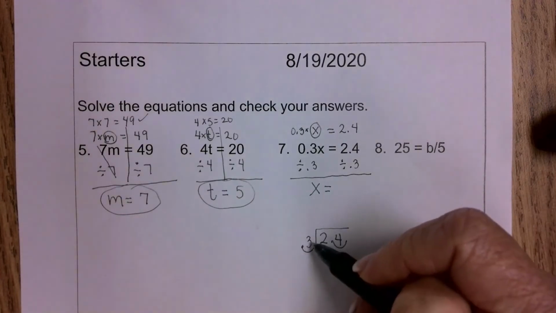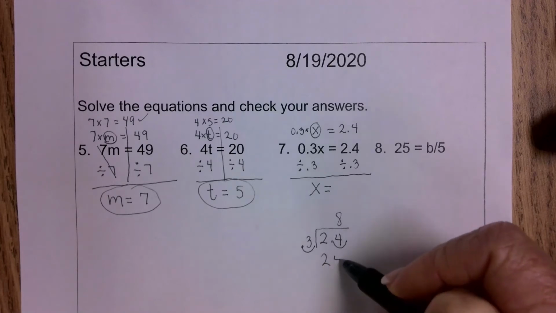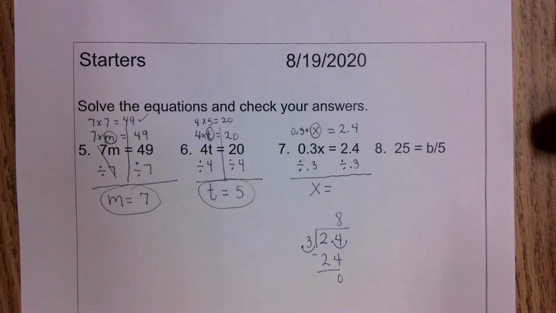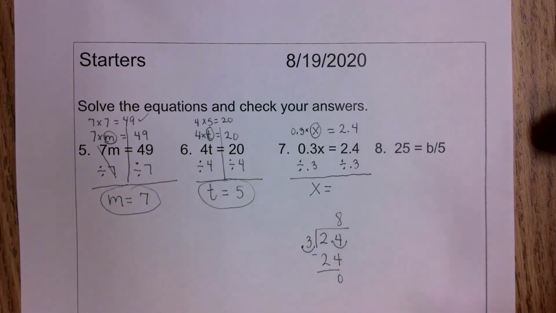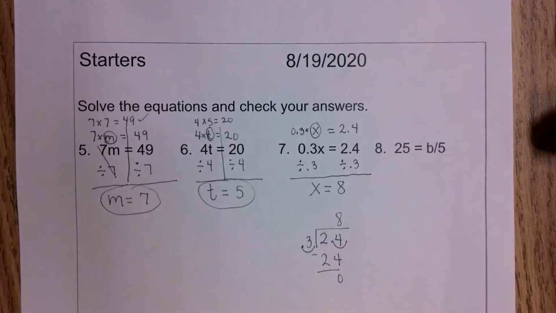And then 3 goes into 24 8 times. 8 times 3 is 24, and 24 minus 24 is 0. The decimal point, if we put it in, would be at the end, but typically we don't put the decimal point at the end. We just say that that's 8.